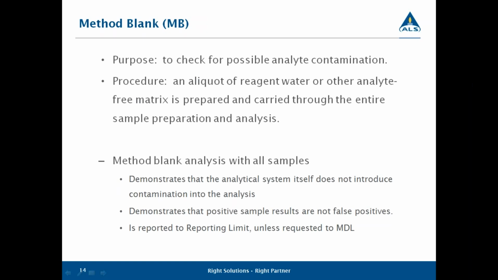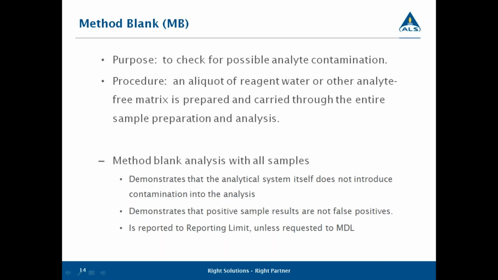The purpose of a method blank is to check for possible analyte contamination in the system. The procedure that we use is we take an aliquot of reagent water or other analyte-free matrix like, say, sand that's clean, for solids. It's prepared and carried through the entire sample preparation and analysis procedure from beginning to end.